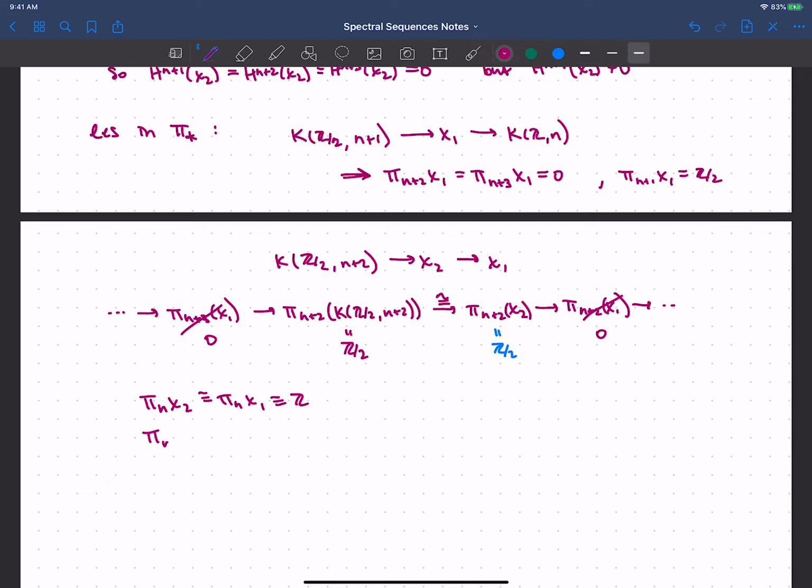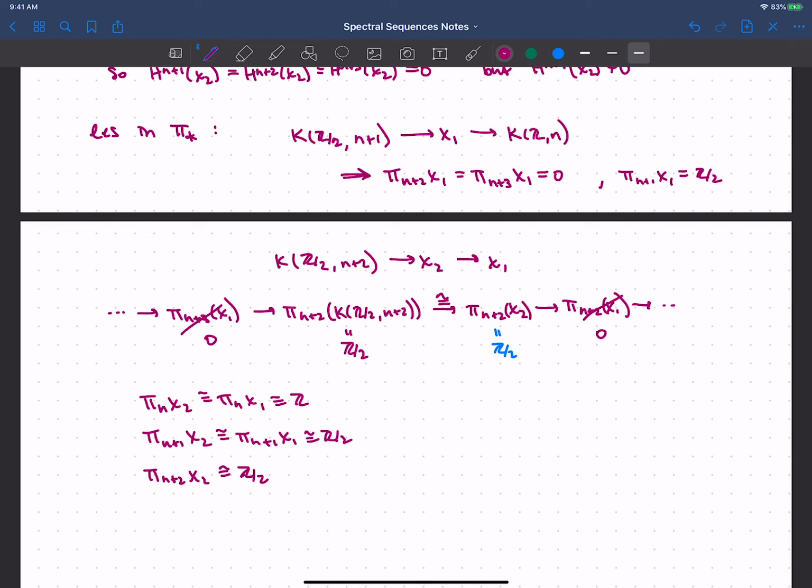And then pi_{n+1} of X2 is also the same as pi_{n+1} of X1. That one's a Z mod 2. We did just remind ourselves of that one. Okay, and pi_{n+2} of X2, we've now just learned is a Z mod 2.